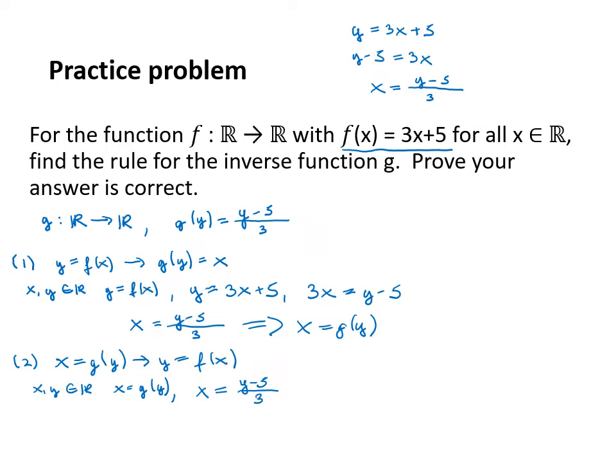If we multiply this by 3, we get that 3x is equal to y minus 5. And from here, we get that y is equal to 3x plus 5. If we look up the rule for f, we can see that this matches it. And so we show that y is equal to f of x, and that concludes the second claim. And this finishes our proof.